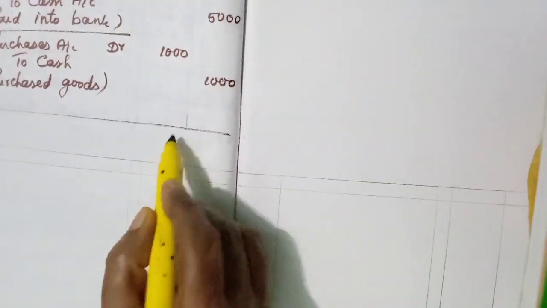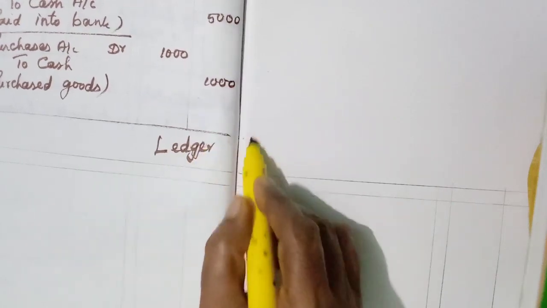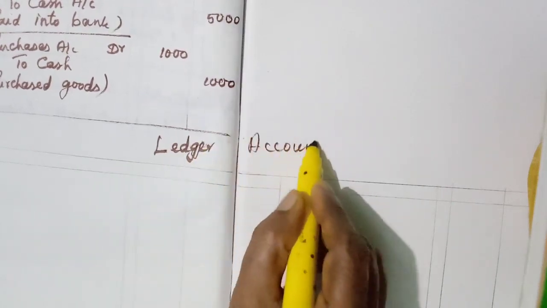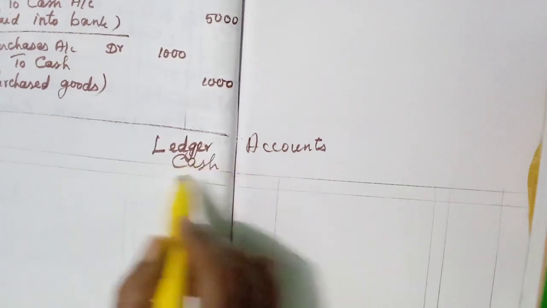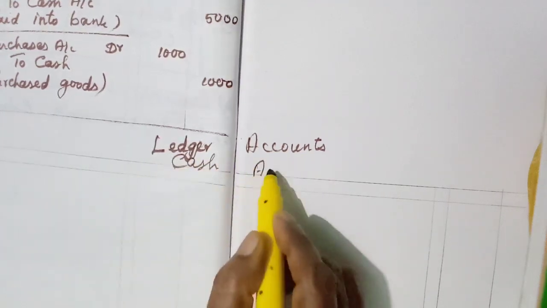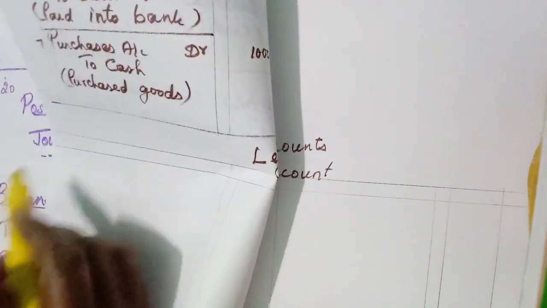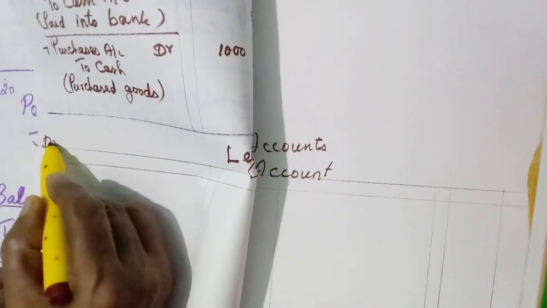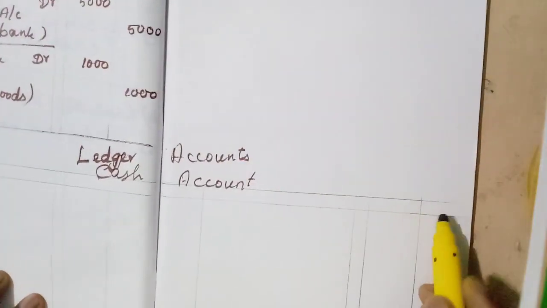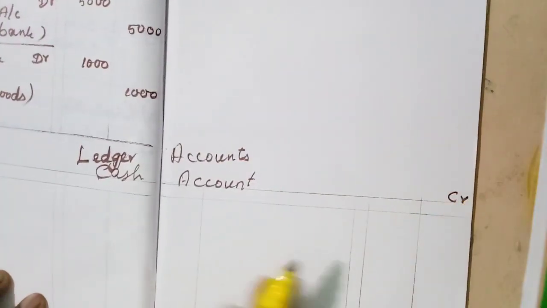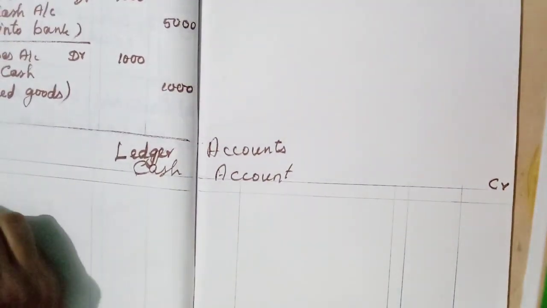First you write ledger accounts. Then first account is cash account. Cash, first letter capital, then A capital. Then on the left side you have to write debtor, DR. Then here credit side, CR. Then all the headings you have to write.